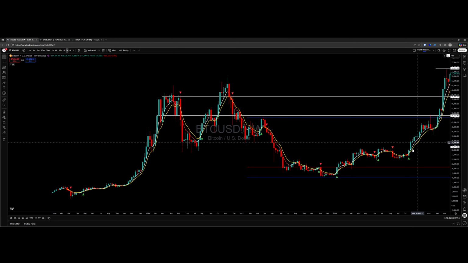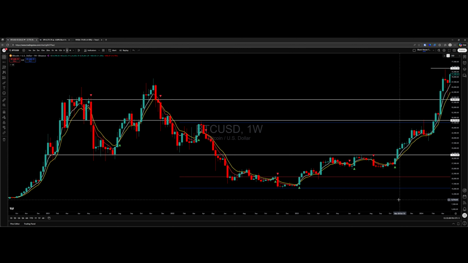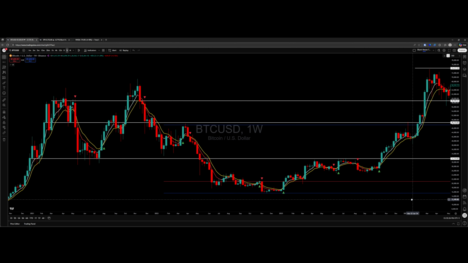Nowhere in here did you get any sort of indication that you should exit the trade. Look at all that divergence was telling you that your trend was good. This is just a nice big move up, price going sideways but not breaking down is a really good sign when you're trading on the north side of these levels, because that's a bullish indication, and then bam, price went higher.